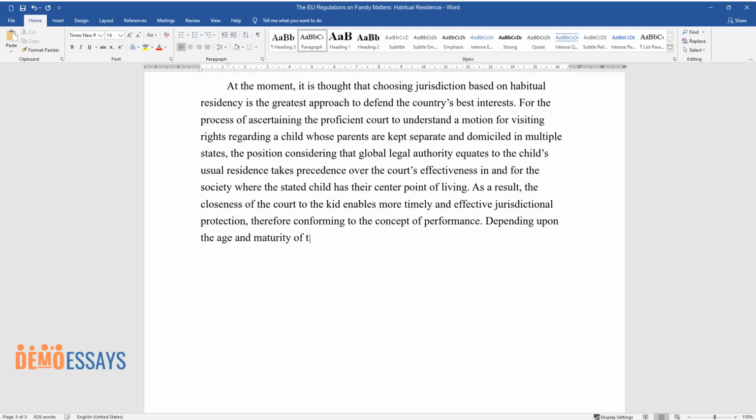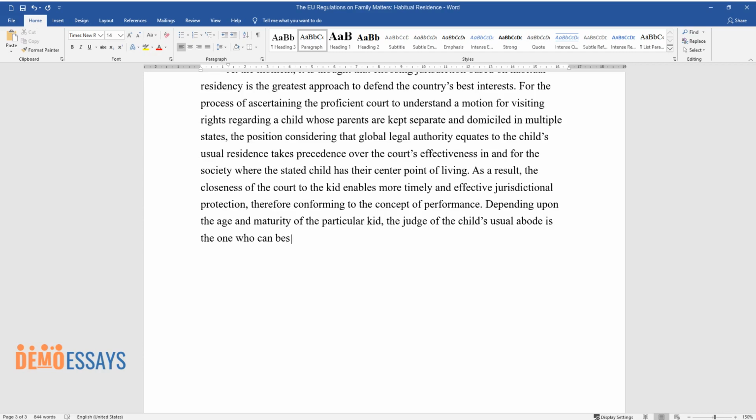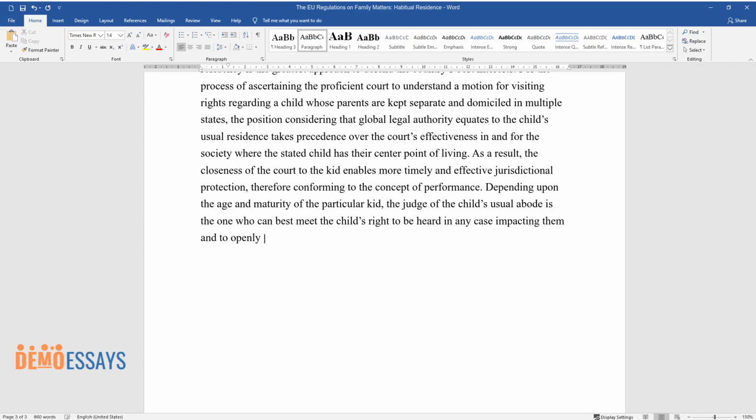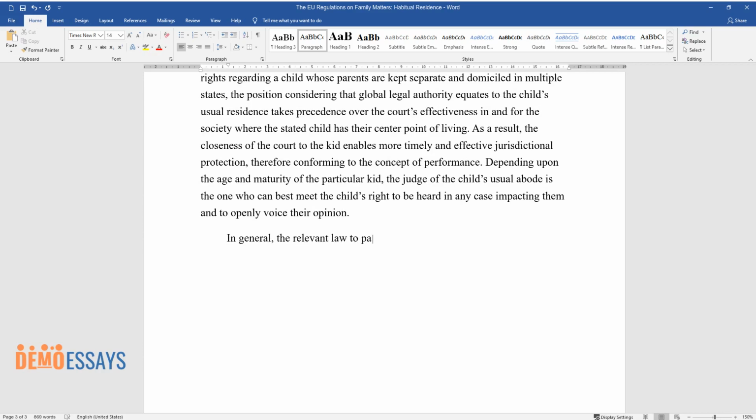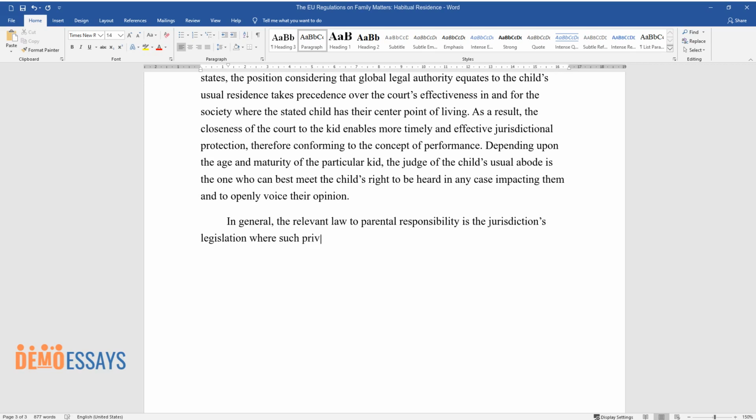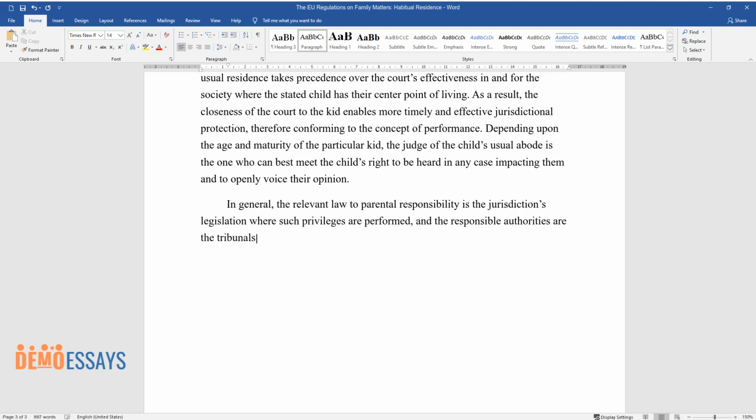Depending upon the age and maturity of the particular kid, the judge of the child's usual abode is the one who can best meet the child's right to be heard in any case impacting them and to openly voice their opinion. In general, the relevant law to parental responsibility is the jurisdiction's legislation where such privileges are performed, and the responsible authorities are the tribunals in and for that jurisdiction.